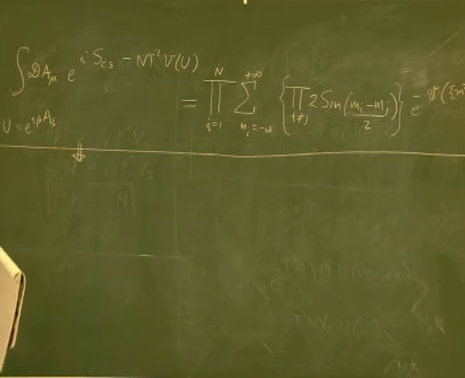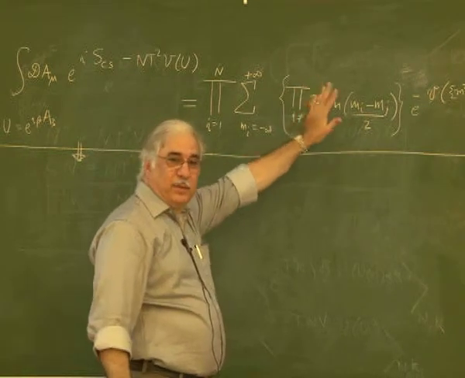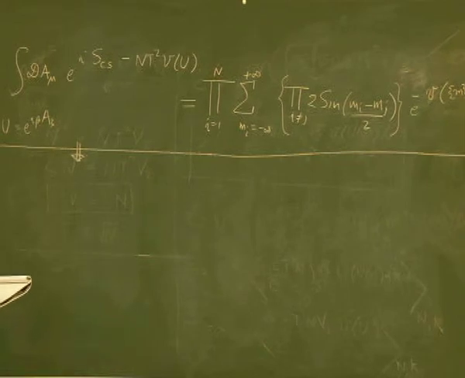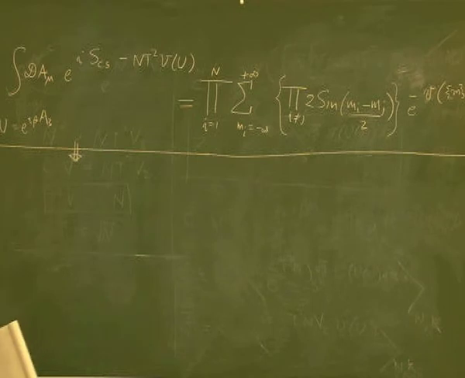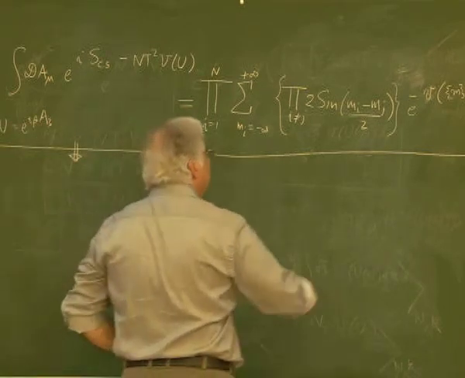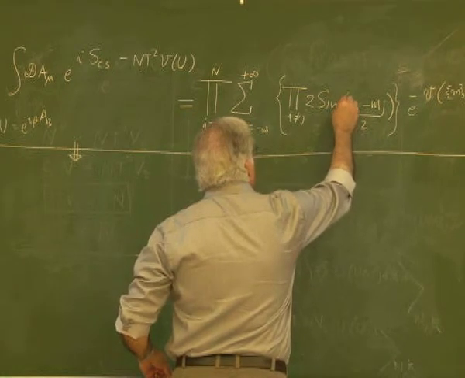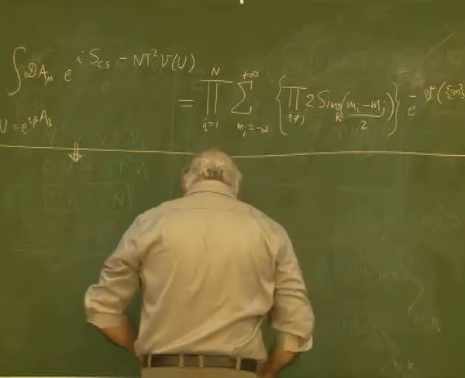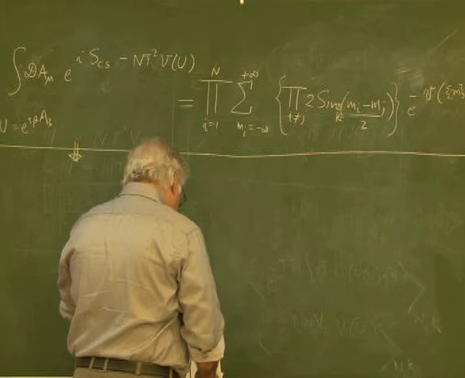Any questions till now? I mean, this is a sum over equally spaced integers over here. I think there's a mistake somewhere here. There should be a 2 pi upon k here. Yes.